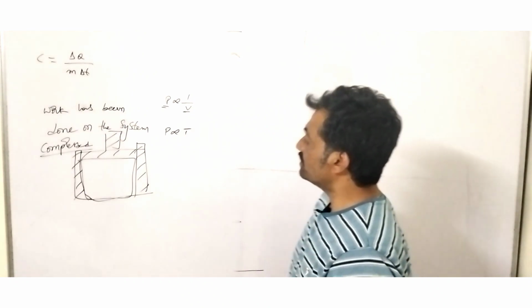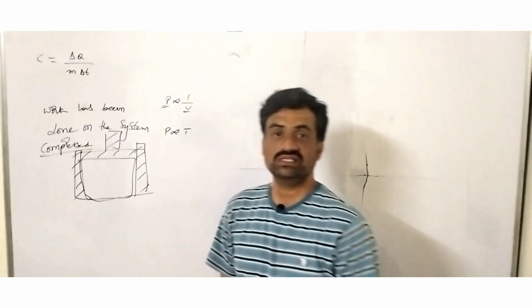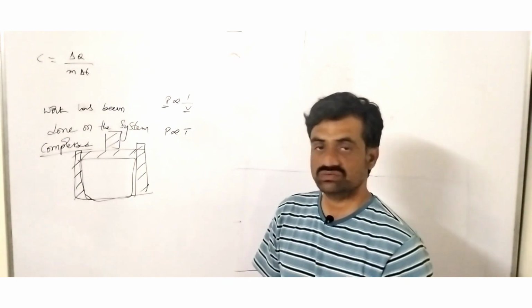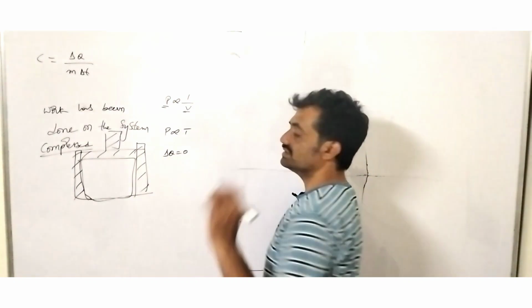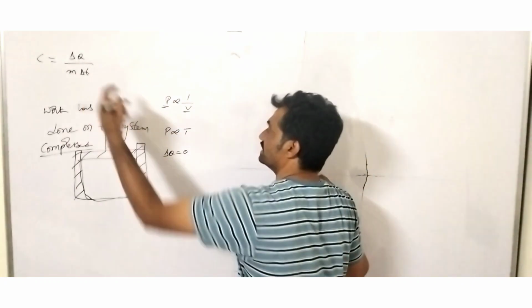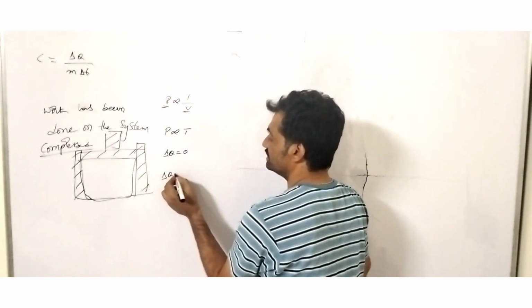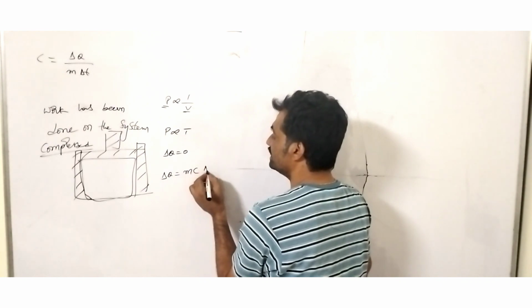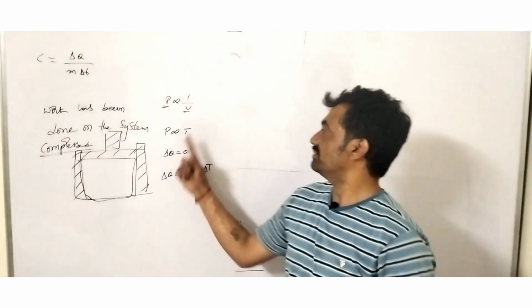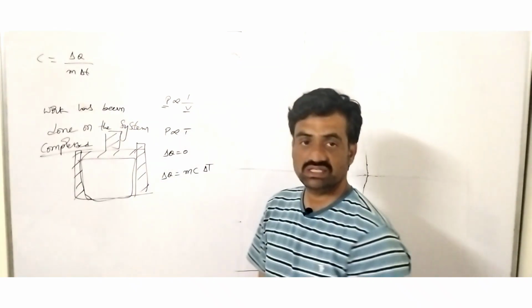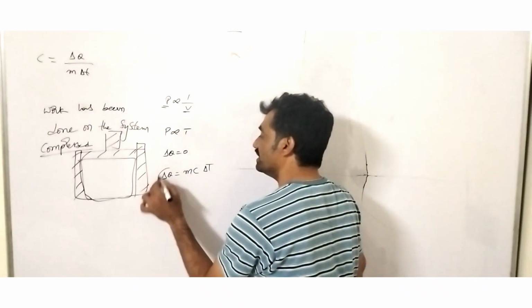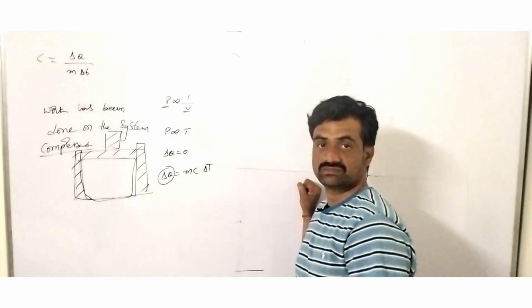So, here observe that the amount of heat supplied in this condition is 0, so delta Q is equal to 0. Whereas according to this equation, delta Q is equal to M into C into delta T. Though the temperature has been raised, we can still say that the specific heat will be 0. Why? Because the amount of heat supplied to the system is 0.